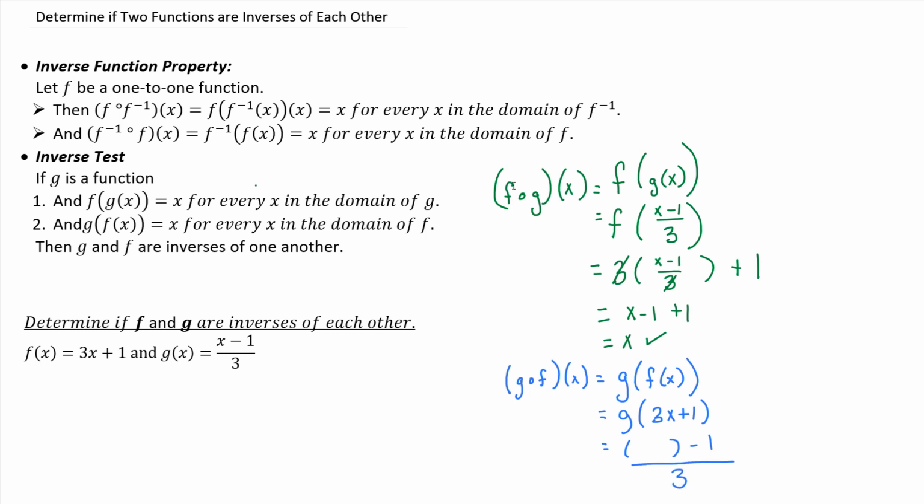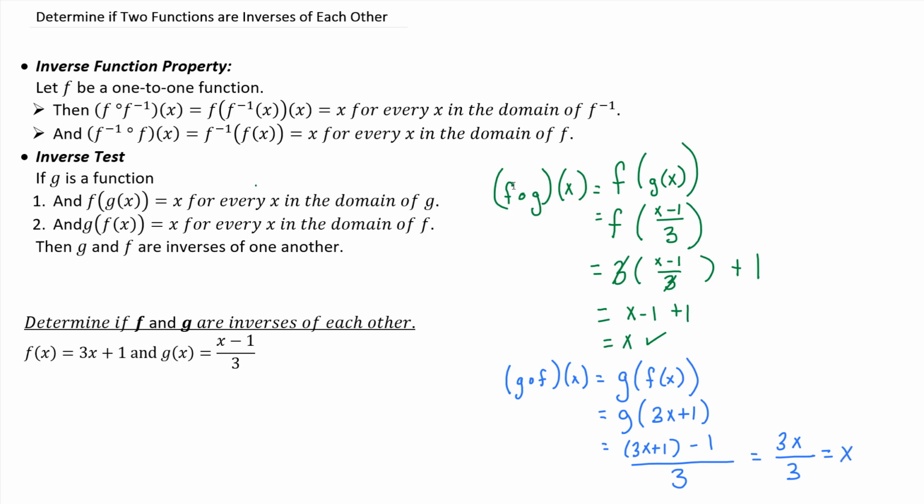But in place of x, you would put in 3x plus 1. And if I simplify, I'm left with 3x plus 1 minus 1, which is just 3x up top, divided by 3. But 3x divided by 3 is x.